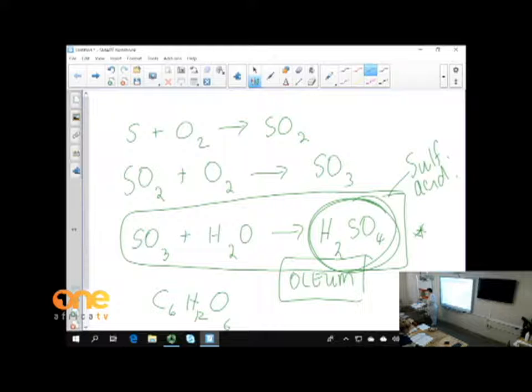And oleum, when it's diluted, will form concentrated sulfuric acid. All right. That is the end of that section of the work. I'm going to stop the recording and we'll start a new one for the next section.